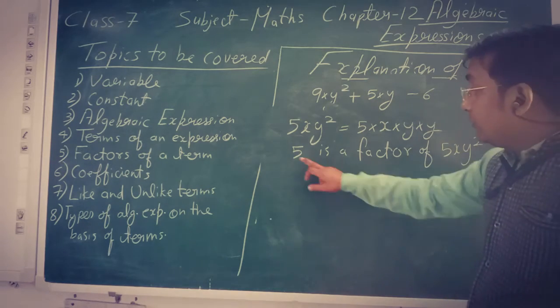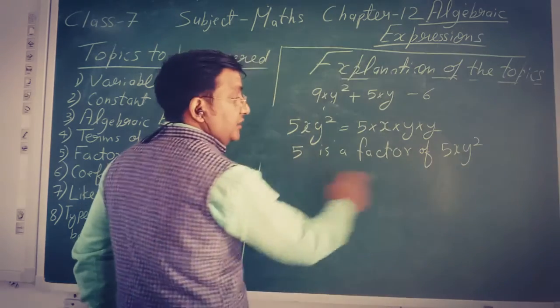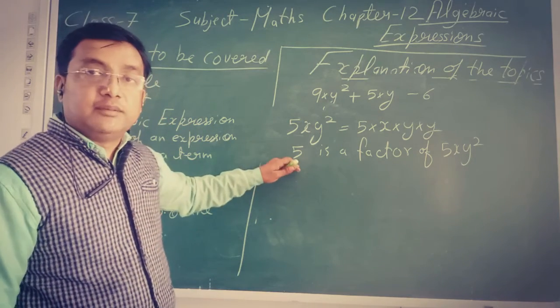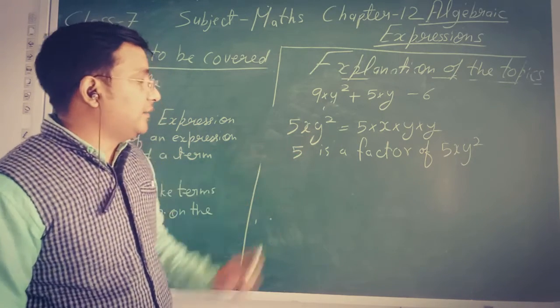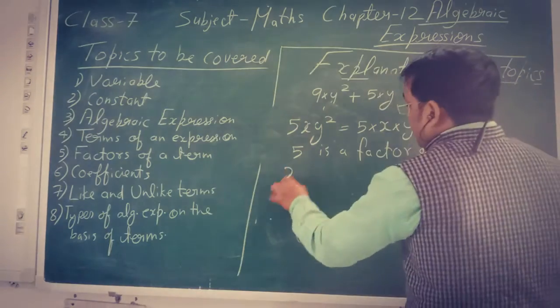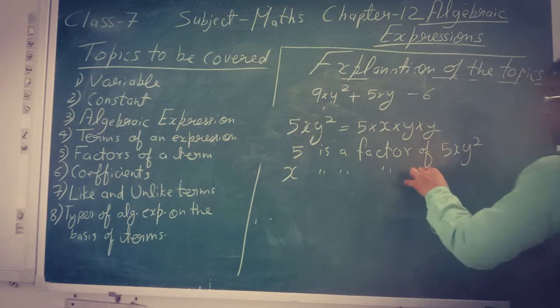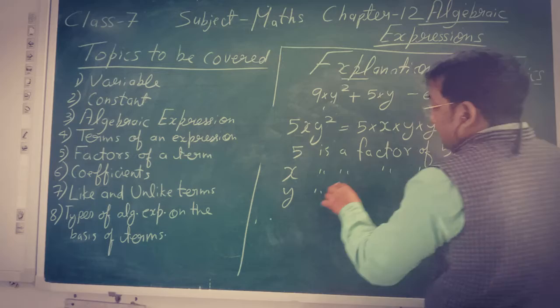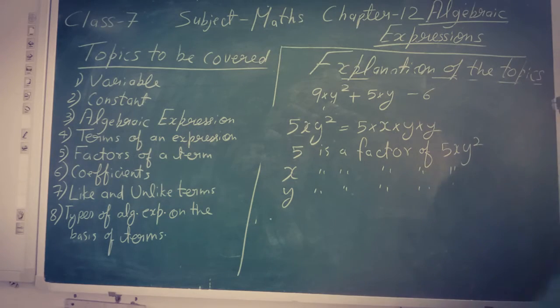Why is it called a factor? Because when you divide this thing by 5, you will get the result. It will be divisible by this 5. Similarly, x is a factor of this thing. y is a factor of this thing.